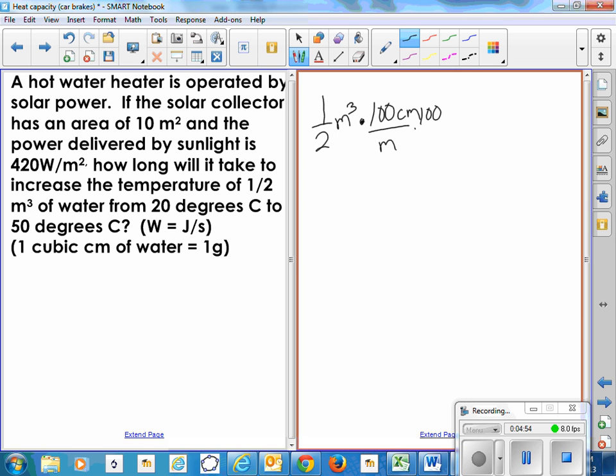We have to do that 3 times, because there are 3 dimensions to a cubic meter. All 3 of those cancel the meters. Now we have 500,000 cubic centimeters, and each cubic centimeter weighs 1 gram.